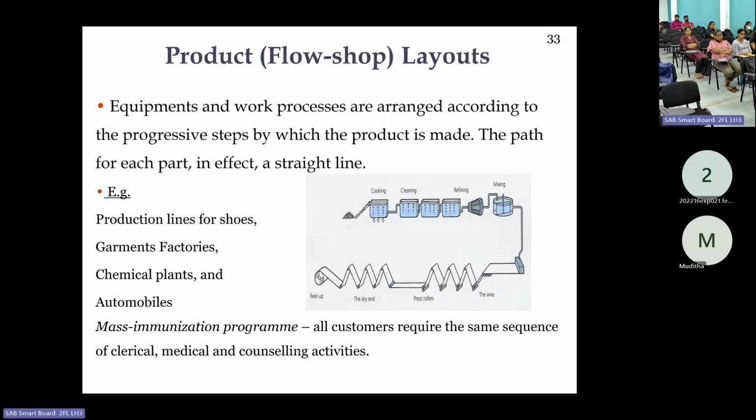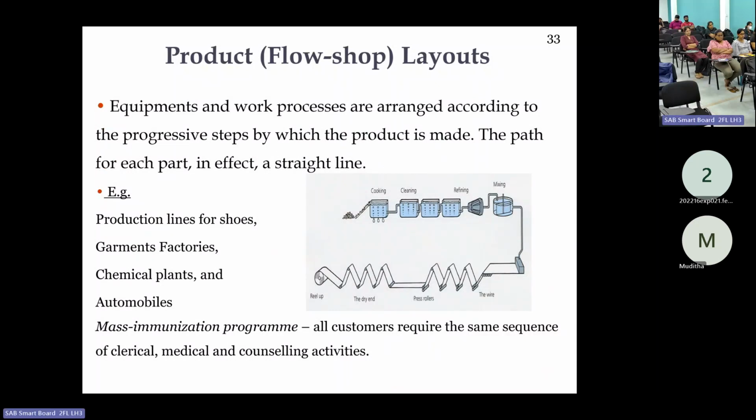So we often see workstations used in this type of layout, and workstations are connected to each other. Like say, this is a paper manufacturing process where the steps are arranged. The layout is arranged according to the manufacturing progressive steps.